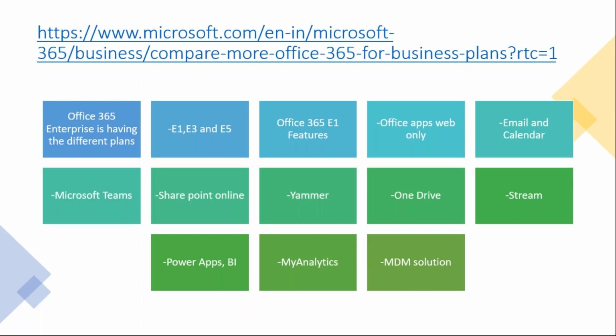If I provide the E5 license to every user, it is again a cost for me. So I can cut it down and separate the licensing part. For example, I can segregate the application users from the MD and managing directors and VIPs, who get a different license. We have to take care of that here. These are the features, and what features are available in the three plans we'll discuss in the coming sessions.